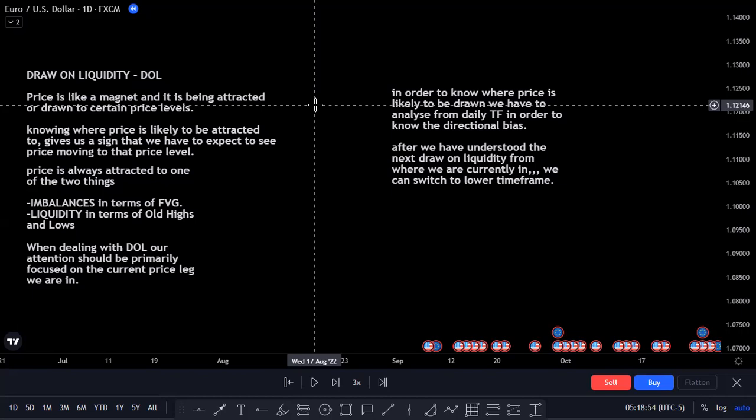So that's the introduction to what draw on liquidity is. Now we'll go to the charts and see how we can understand the draw on liquidity.